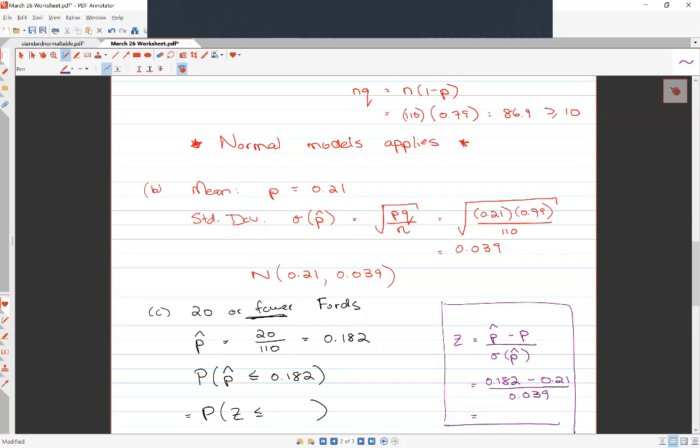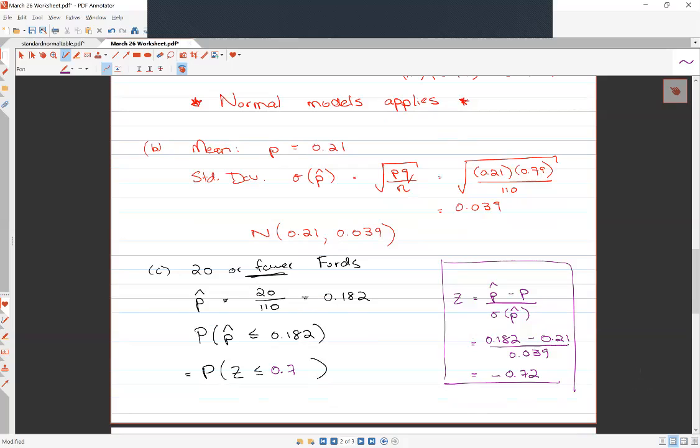And so I plug all of that in, and if I do that calculation, I get negative 0.72. So if I again visualize a standard normal bell curve centered at 0, then to the left here I have the value negative 0.72, and I'm trying to figure out how much of the probability is to the left of that value.